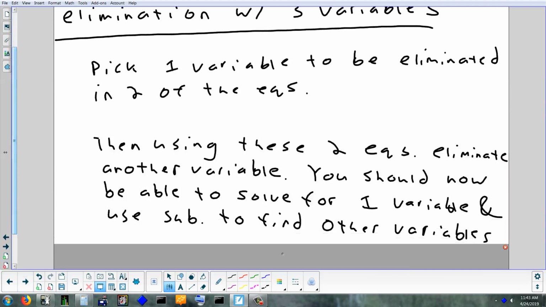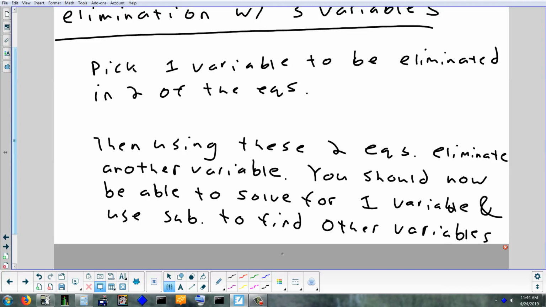Then, once you've eliminated one of the variables out of those 2, you're going to have 2 equations and 2 variables. You're going to try to eliminate one more. And then you're going to be down to 1 equation with 1 variable. Then once you can find one of the variables, you kind of go backwards. You plug that back in, and you start getting your other answers.